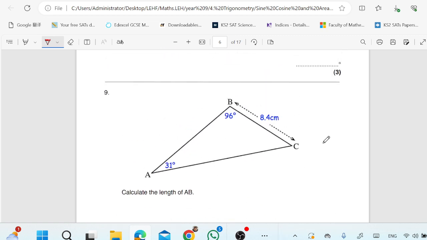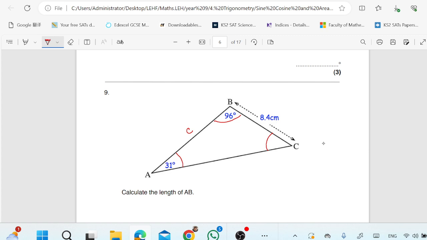Calculate the length of AB. In this one you have to find the length. This angle is given to you, and this angle is given to you. It's a triangle, so you can find the third angle. The small c, which is AB, you have to find.